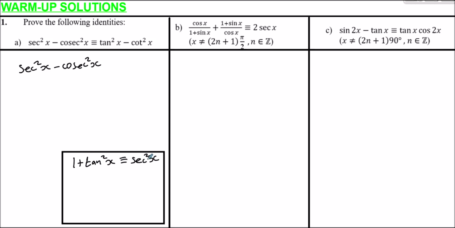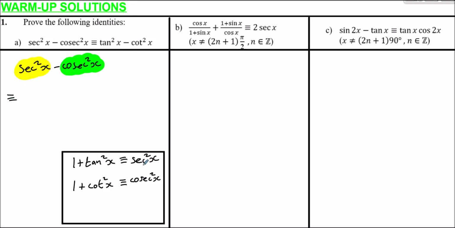And the second one we're going to use is that 1 plus cot squared x is one and the same as cosec squared x. So that means we can rewrite sec squared and cosec squared in terms of both tan squared and cot squared.